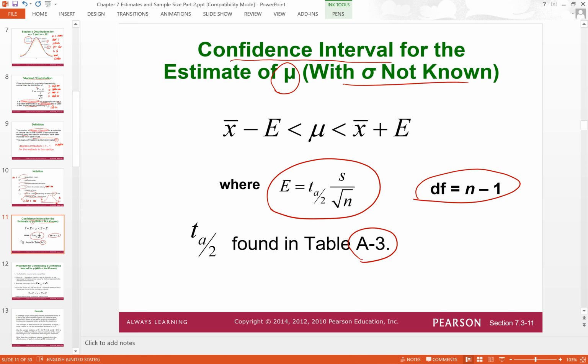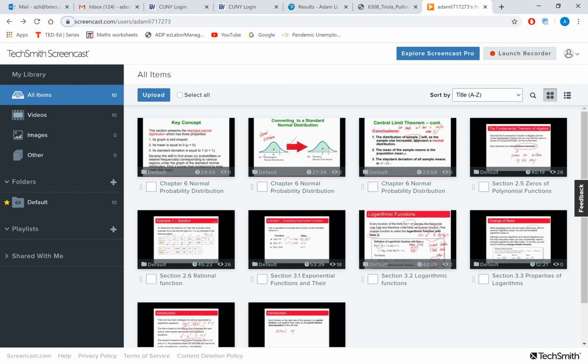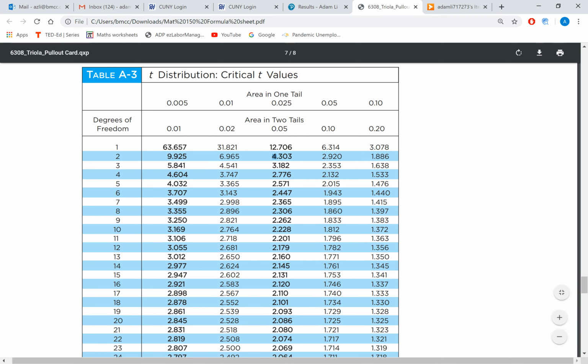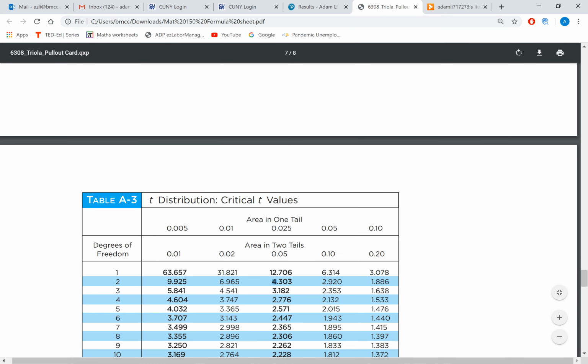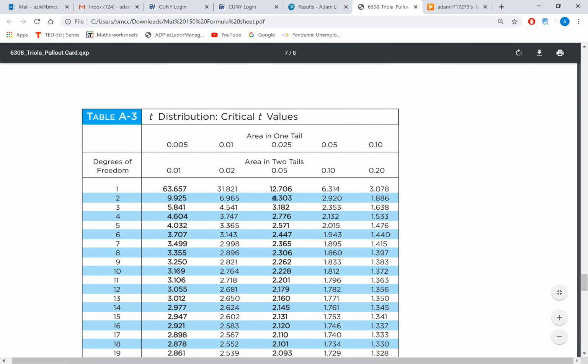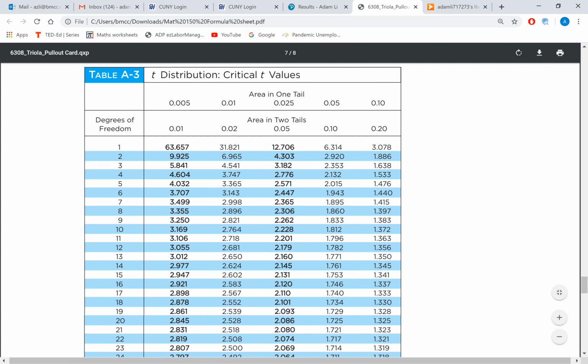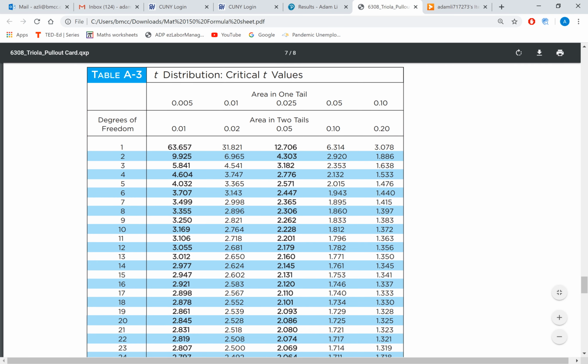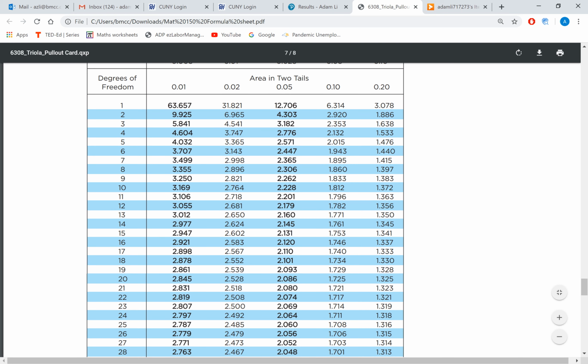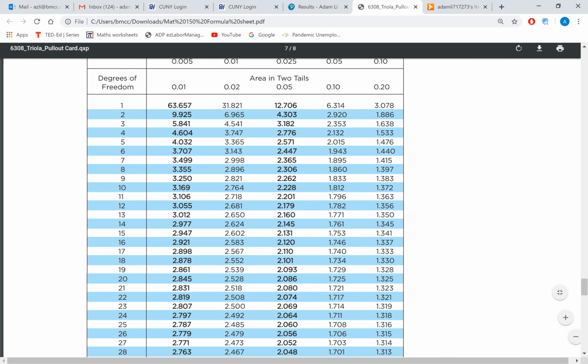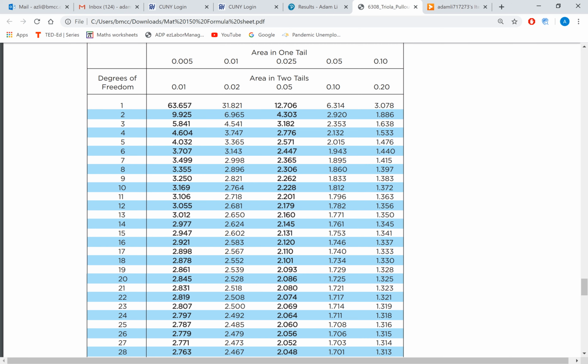So now let's go to table A3. Open the formula sheet, and table A3 is located after table A2. So table A3, t distribution, critical t values. Right here, you need two things: area in two tails, which is what we usually call alpha, and also the degrees of freedom.